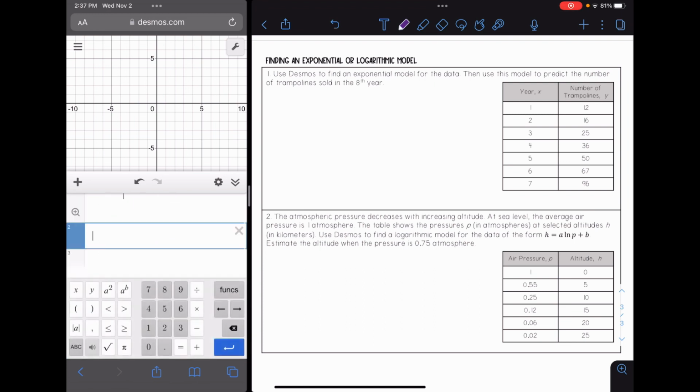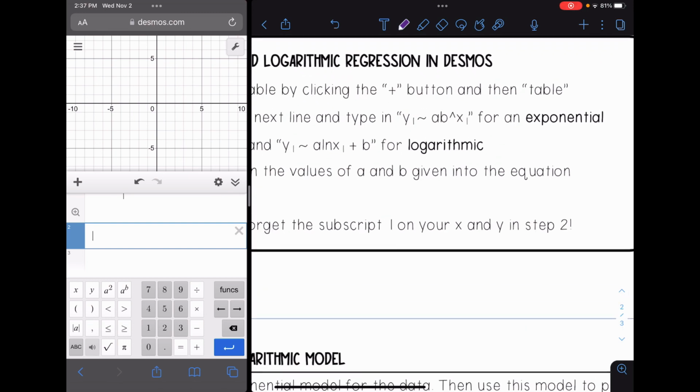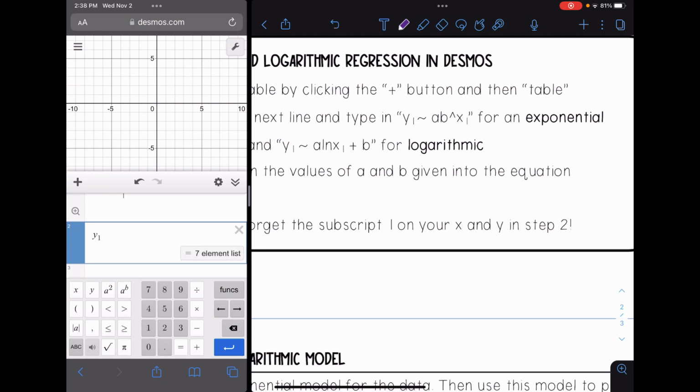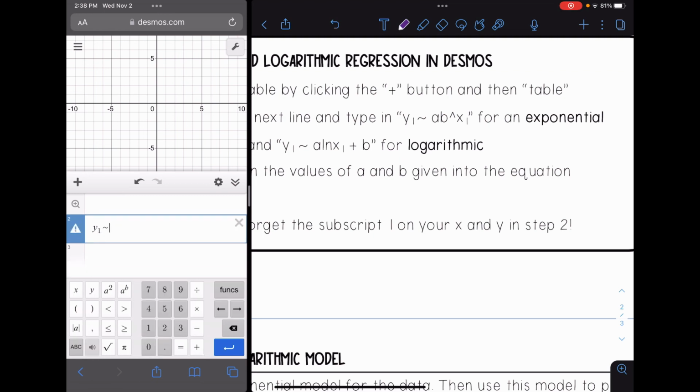Now I want to click onto this second line, and since I'm wanting to do an exponential model, I'm going to type in this y1 is approximately a b to the x subscript 1. So I'm going to click on y, and then to get that subscript, I can go to ABC and click on this AB button, and then click 1, hit the right arrow to get out of that, and then I want the approximately sign, so that's right here.